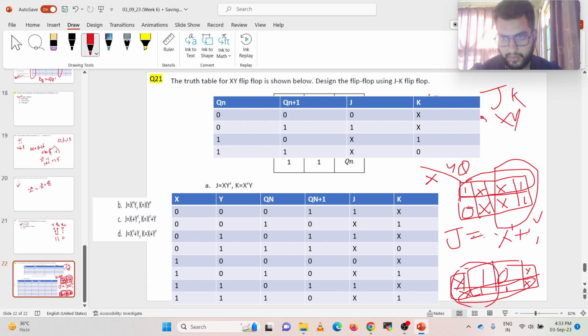So my K will be equal to x plus y bar. So J is equal to x bar plus y, K is equal to x plus y bar. That is option D.